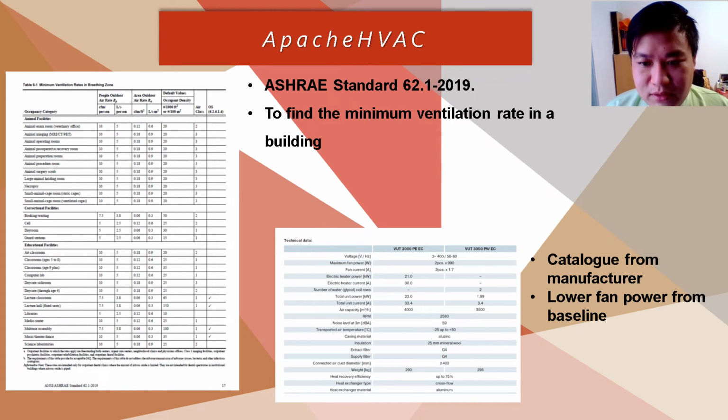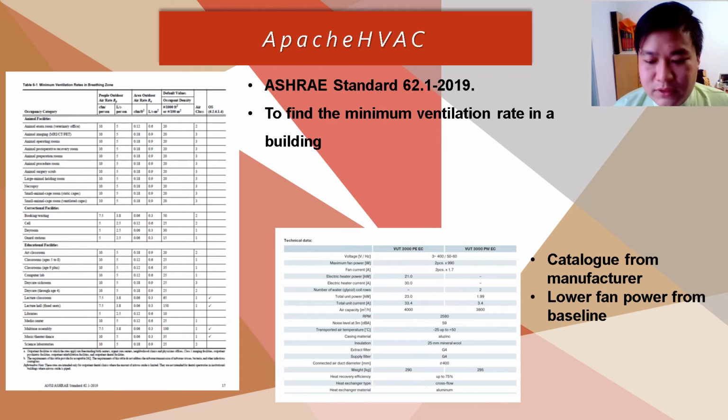For the manufacturer, in the catalog, we have 3,800 meter cubed per hour, which we converted from liters per second, and the fan power is 0.55 kilowatt. So the difference between the ASHRAE standard and the catalog is about 100 to 200 meter cubed per second.